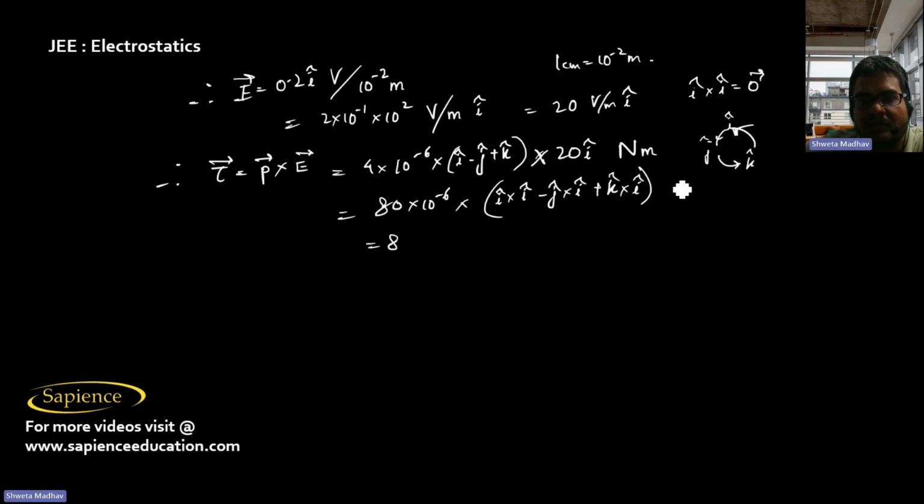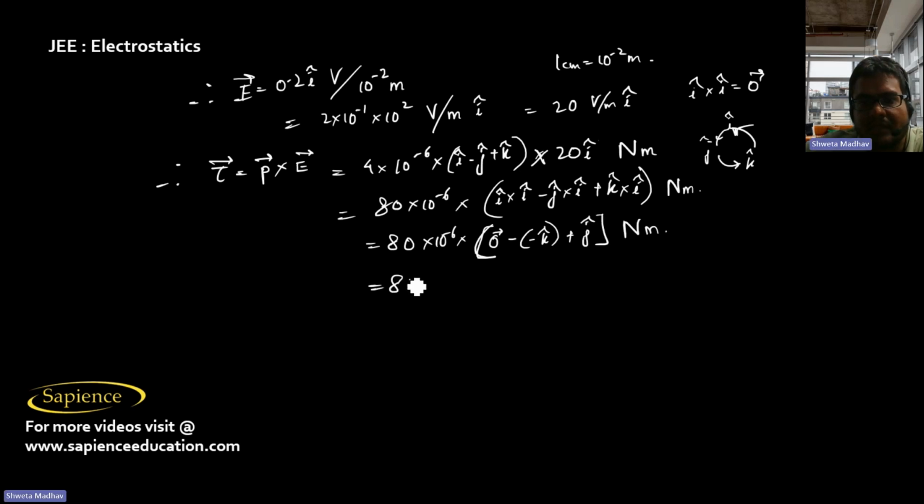So this will be 80 into 10 power minus 6 into, i cross i is the 0 vector, minus j cross i, that is minus k cap, plus k cross i, that is j, in Newton meter.